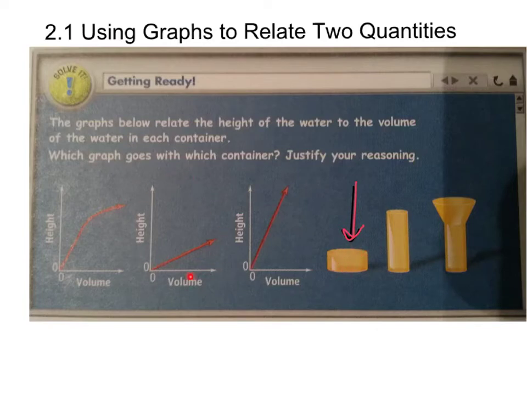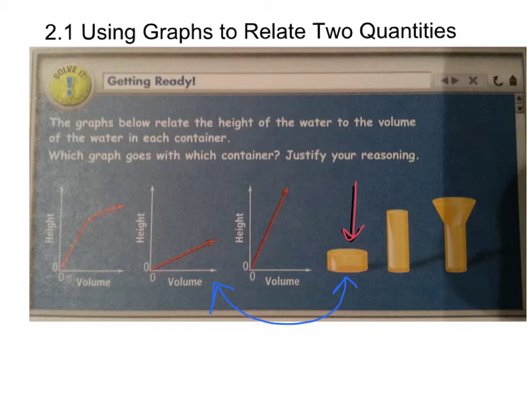So we know it's going to be the second graph or the third graph. But what do you notice about the height? The height is not very tall. So if we look at the second graph, we know that the height is gradually increasing, but it's not nearly as tall as the third graph. So we know that this first container goes with the second graph. The second graph goes with the first container.